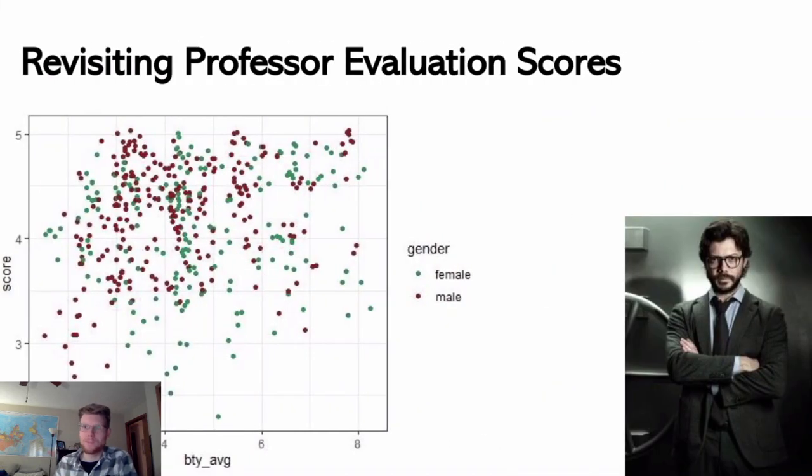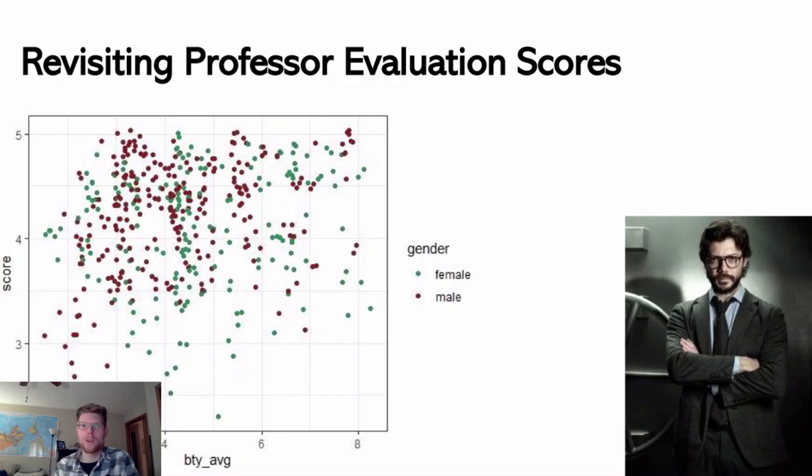So we're going to go back to some data we've seen before, and this is the professor evaluation data, where we're looking at predicting student evaluation scores for a professor based on a beauty score that professor had in a particular study.